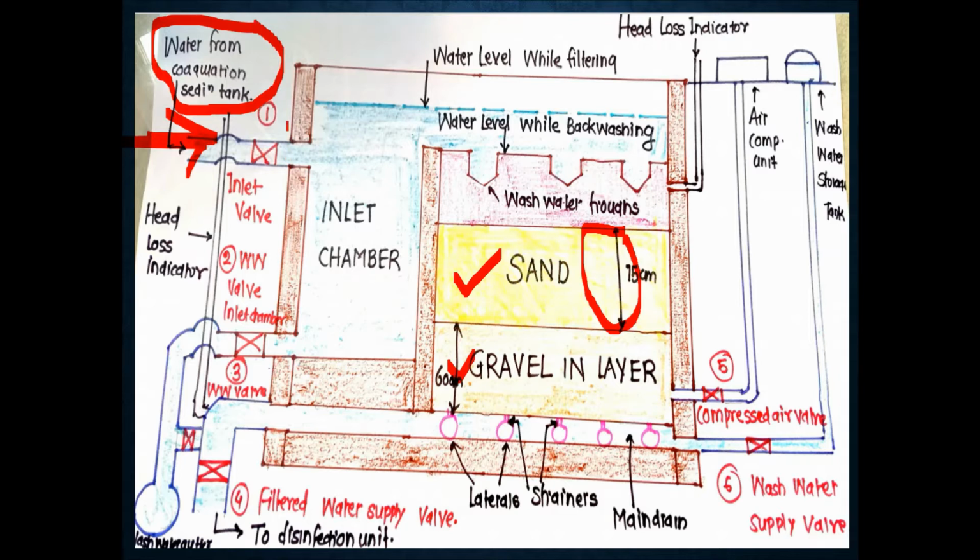Here, wall number 1, I have written as the inlet wall. Inlet is nothing but the entry or influent coming point, and that influent or entry of raw water is adjusted with the help of the valve, and that water enters the inlet chamber.